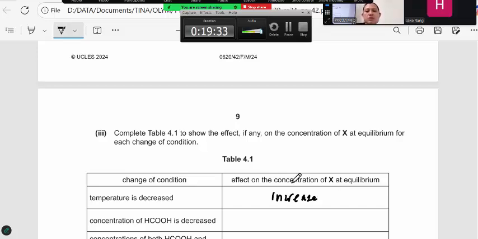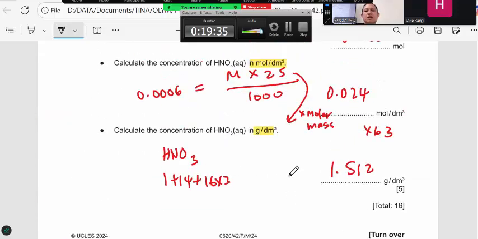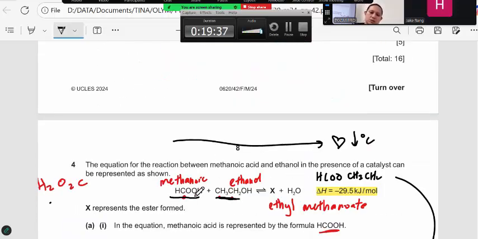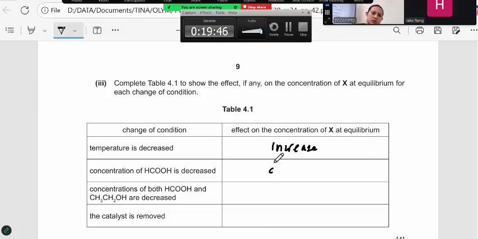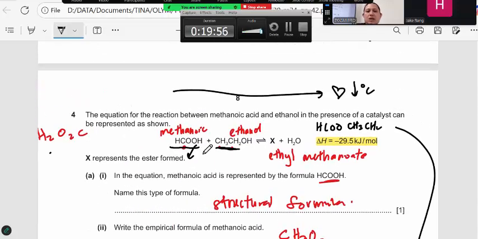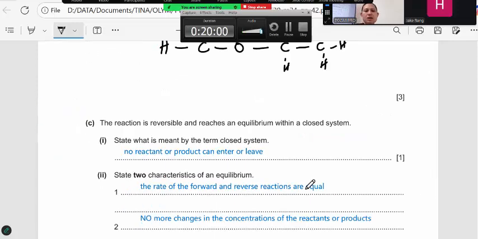HCOOH is decreased. You take this away, it will go the other way, so it will decrease. Concentration of both HCOOH and CH3COOH are decreased. It will still decrease. That means you remove both, it will still go backwards.